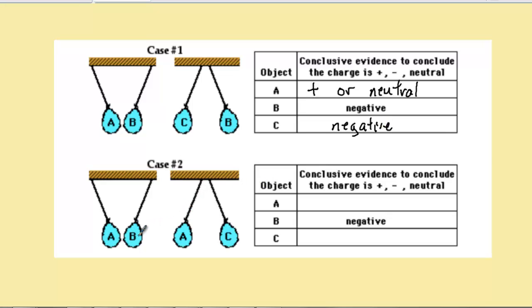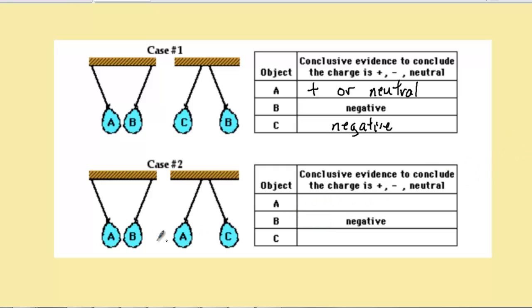All right, so in this second case, if we know that B is negative, then what does that tell us about A again? We know then that A can be positive or it can be neutral. But when we look down here at the bottom, then, well, let's see, that can't be right. Let's back up then. Think about this for a second.